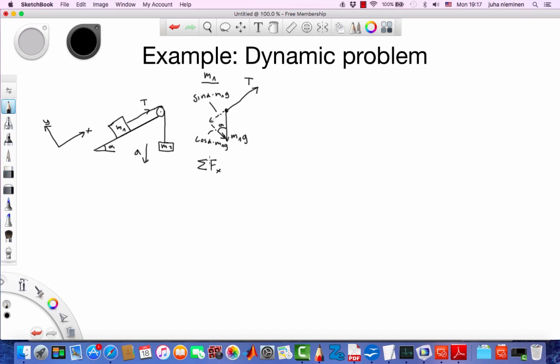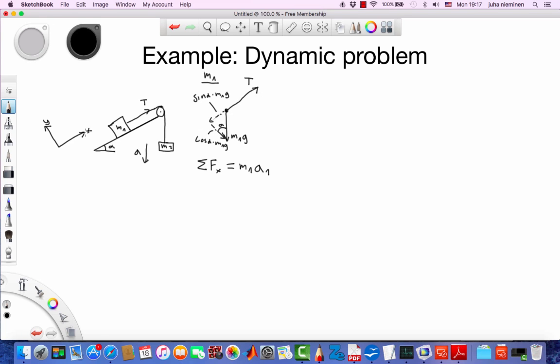So what is the sum of all forces in the x direction, in this case along the incline? According to Newton's second law, it is the mass of the object times acceleration, acceleration 1. So let's sum these forces.